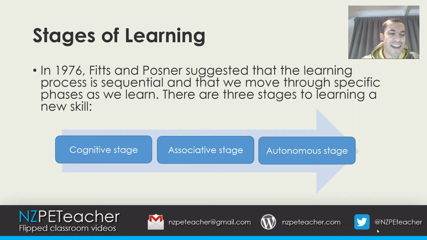Now, throughout the years, other academics have researched and developed a variety of different models looking at how we learn. Other interesting ideas include Galligan's transfer of learning theory, which suggests that learning can occur from skill to skill, theory to practice, and training to competition. The Whitmore learning cycle states that we cycle through 4 stages when learning a skill.